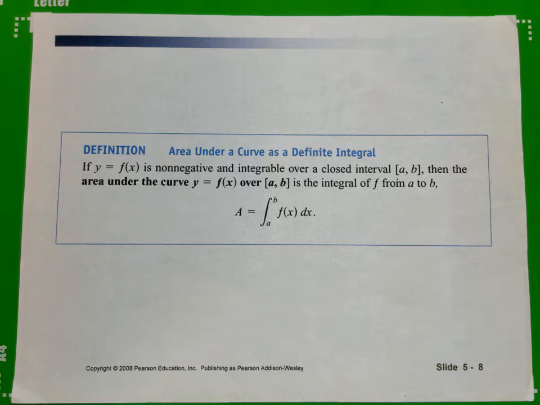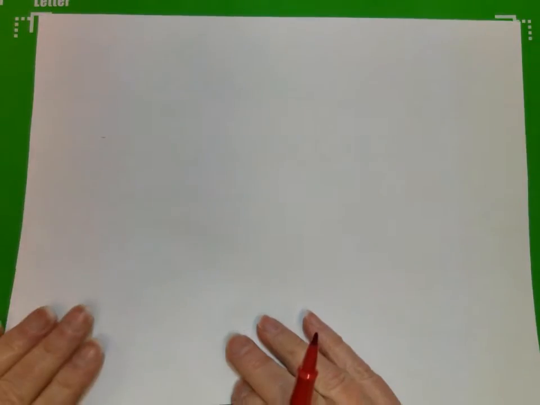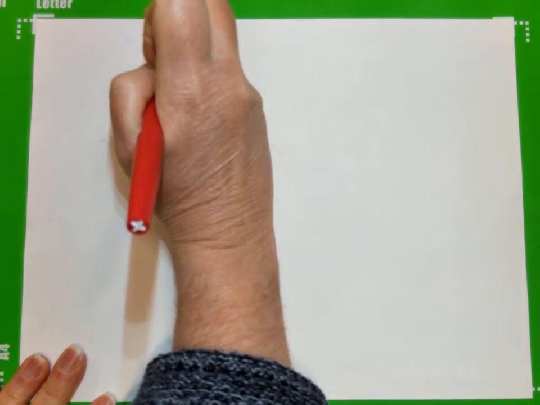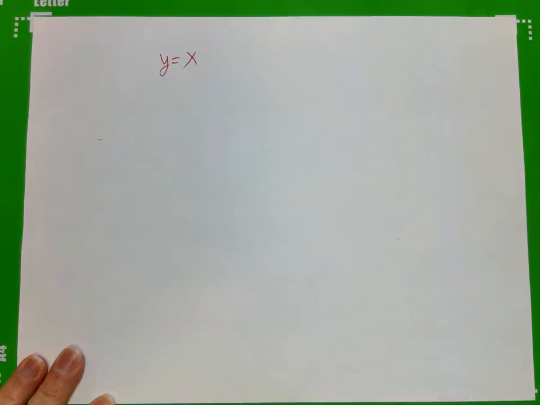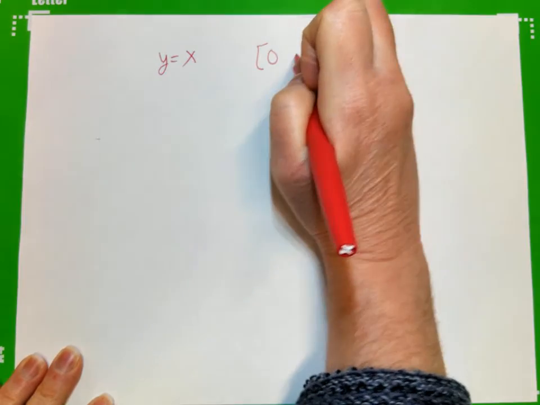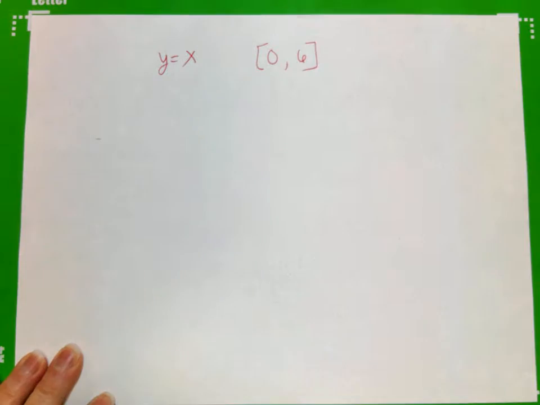Well, let's take a look at an example. Let's say that we want to find the area under the curve. We'll use y equals x as our equation, and let's say we want to go from 0 to 6.